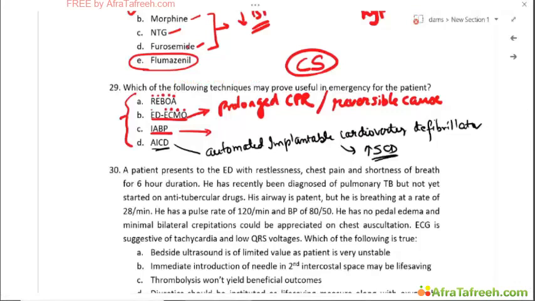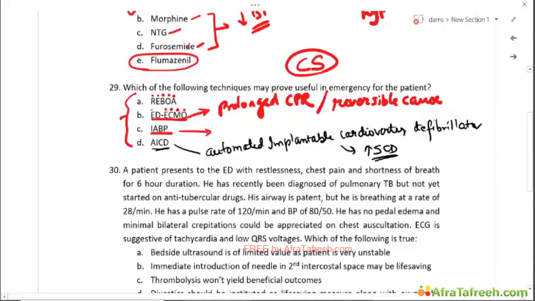Could be used in conditions where there is decreased cardiac output because of coronary artery disease or otherwise. If the patient is in severe systolic cardiac dysfunction, he or she has a high risk for developing sudden cardiac death. In such cases, the ICD would be implanted.